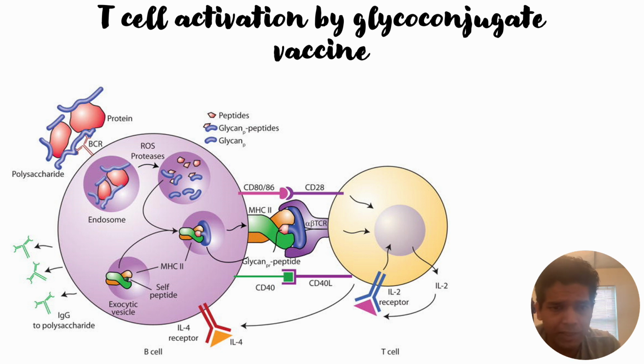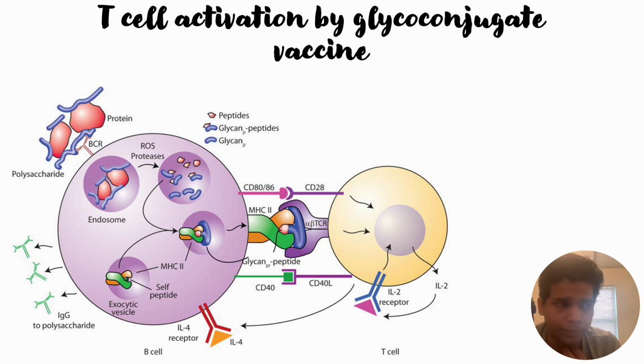Within these B cells, the endosome takes up the non-self glycoconjugate because of its interaction with the B cell receptors, and after that proteases digest the non-self glycoconjugates.